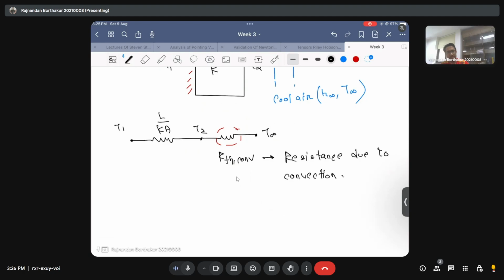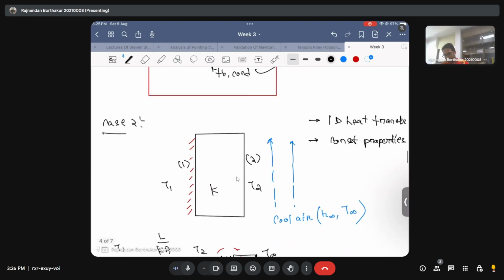We have seen in your class that your RTH of convection is equal to 1 upon H infinity times A, where A is again the area perpendicular to the direction of heat transfer, which is basically this area that I am talking about. I hope this is clear. Again, you need to understand that for doing this resistance analysis, there is no heat generation taking place, and of course 1D heat transfer, constant properties, and no heat generation.